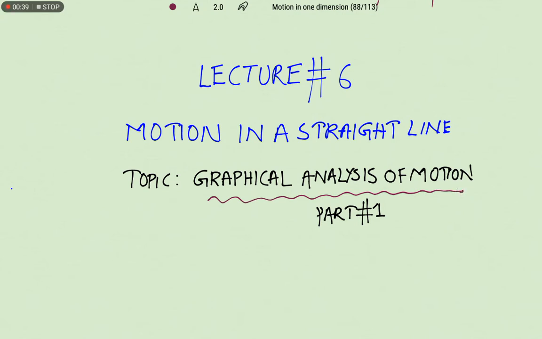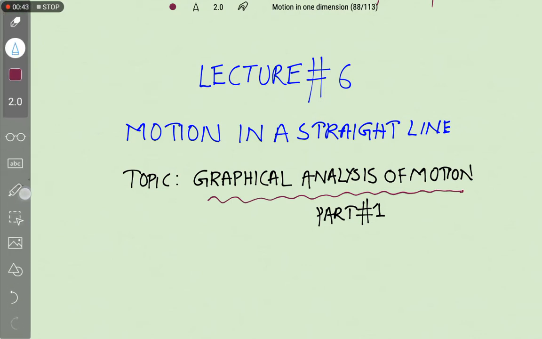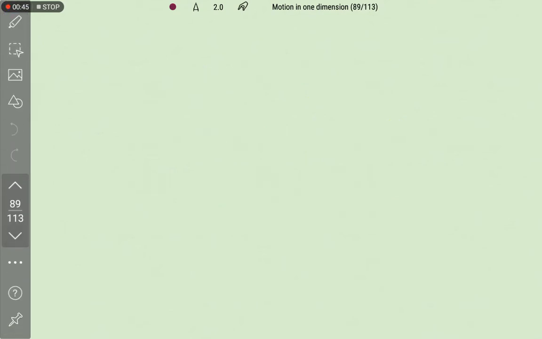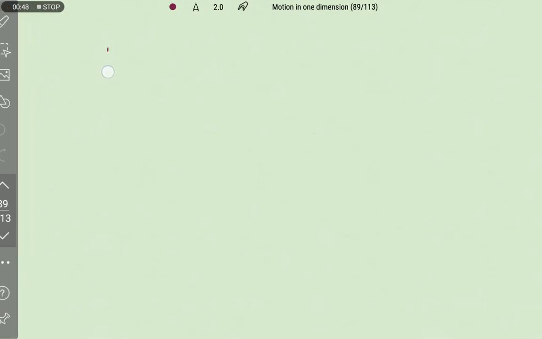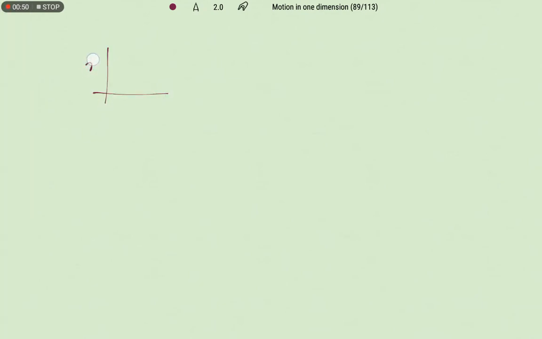Okay? So in this lecture we are going to plot some graphs by taking position along the y-axis, time along the x-axis. In a similar way, velocity along the y-axis, time along the x-axis, and acceleration along the y-axis and time along the x-axis.